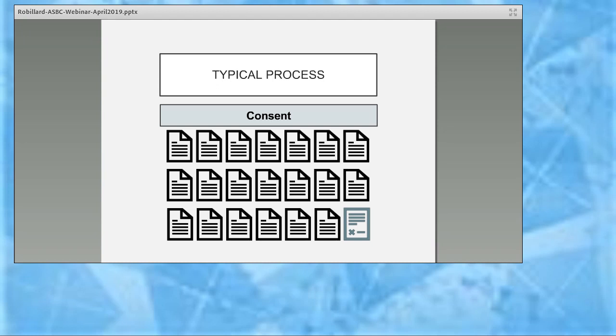I can tell you that reading long forms is burdensome and annoying, and everybody agrees that that's the case. And so as a research community, we're working really hard right now to work with regulatory bodies to simplify this process and to create consenting processes that are shorter and easier to understand.